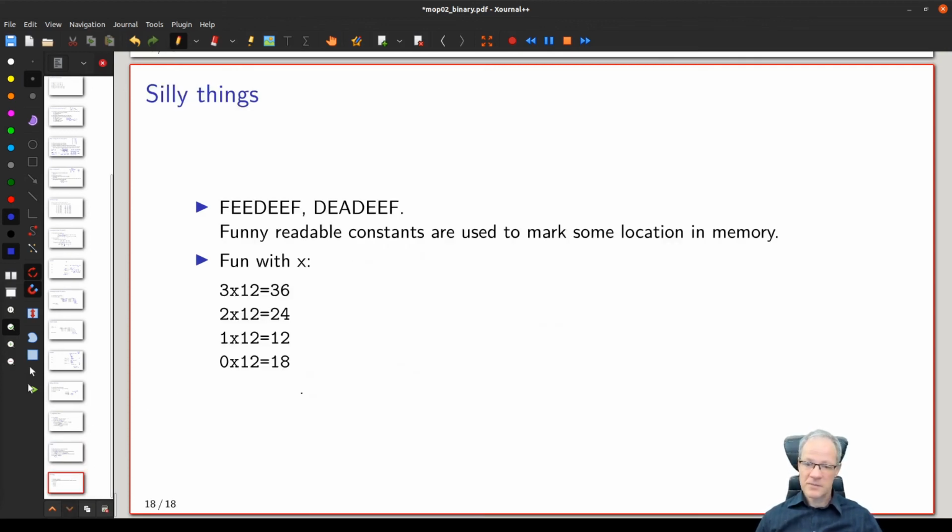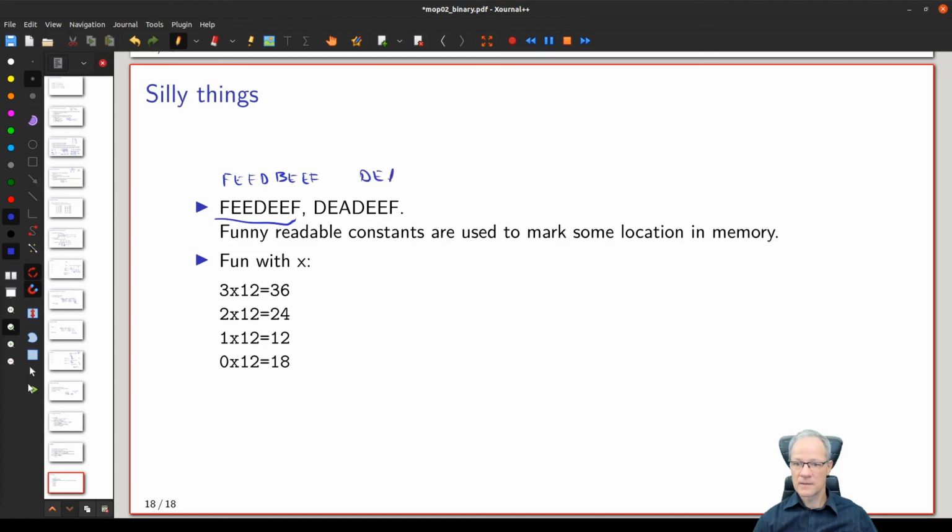And finally, some silly things. Programmers sometimes use readable constants. We can use the digits from the hexadecimal system and make up some words. Feed beef, there should be, and dead beef, sorry, there's a typo. Feed beef.